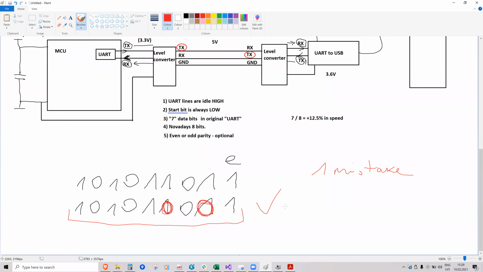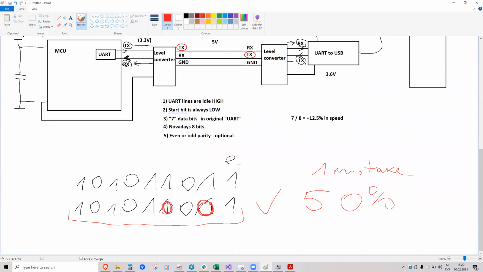So if you just run through the math in your head, parity only catches 1, 3, 5, or 7 mistakes, but it doesn't catch an even number of mistakes. So in total, parity has only a 50% chance of detecting a mistake, right?